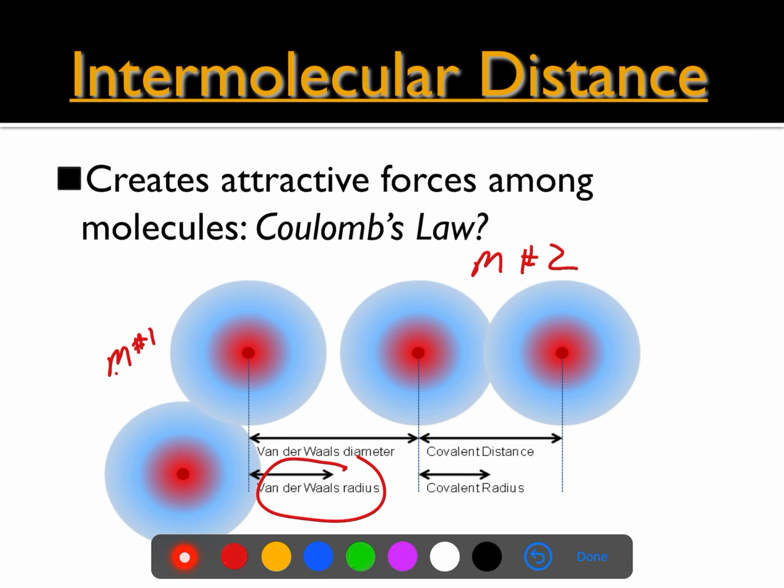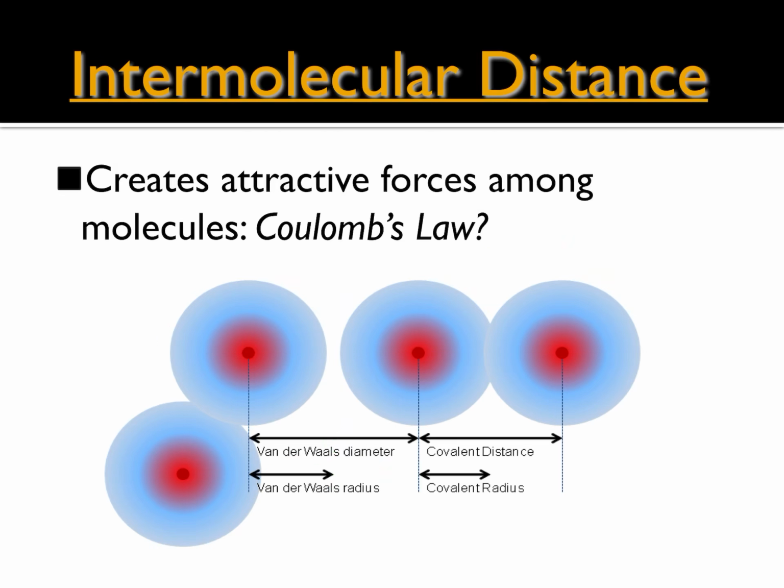The distance from the nucleus of one of the atoms in the first molecule to the nucleus in the other molecule, that is your van der Waals diameter. The radius is going to be, take that distance and cut it in half. And so the other 3 are intramolecular distances, whereas this last one is an intermolecular distance.